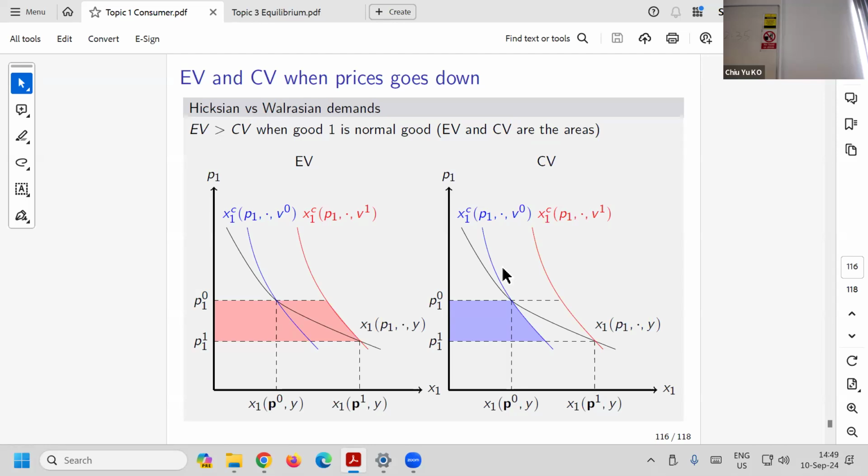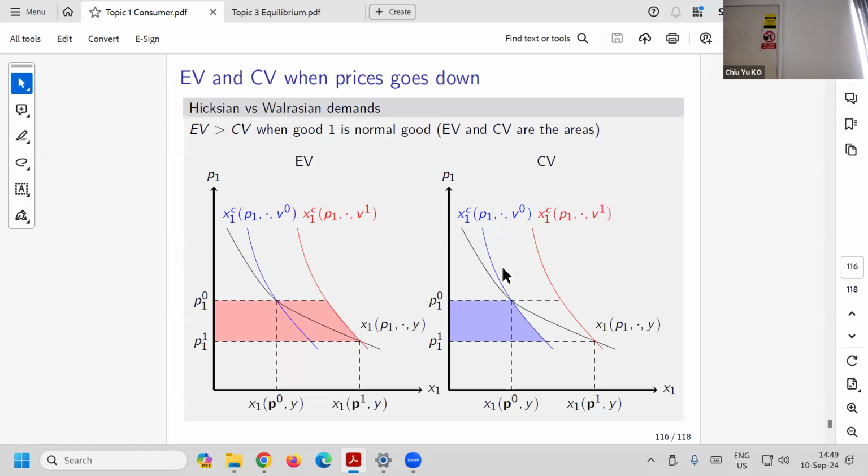It will be higher, on this one. First, the price is here. With the price lower, the Marshallian is here, and the Hicksian will be here. This is the case because it's a normal good.